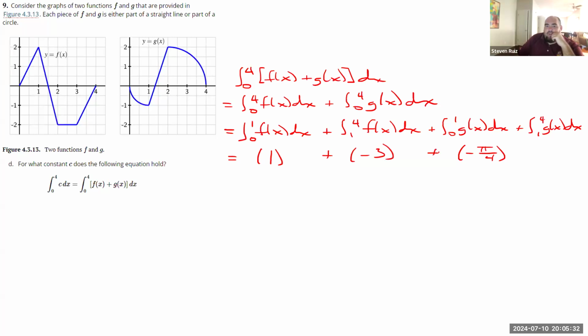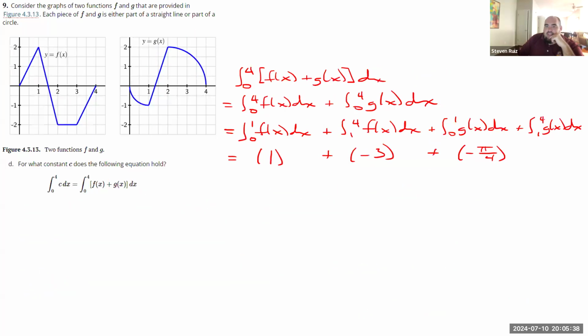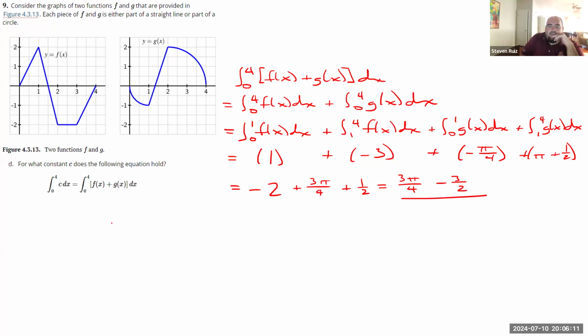Then how about the integral from 1 to 4 of g of x? That came out to be pi plus a half. So if I add all these things together, I get negative 2 plus 3 pi over 4 plus a half, or 3 pi over 4 minus 1.5, so minus 3 halves. So this right here is the value of this integral.